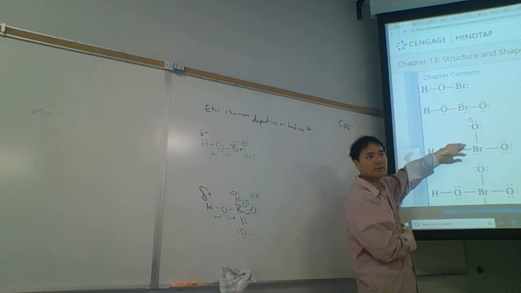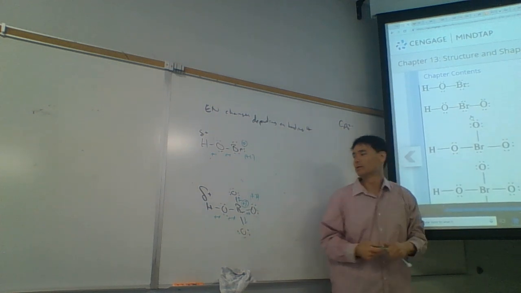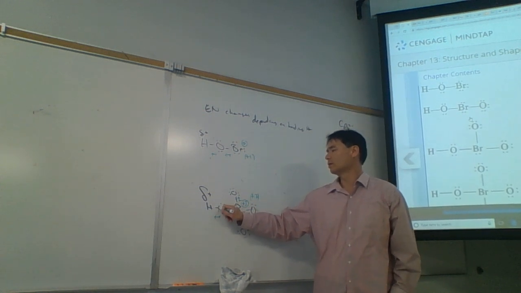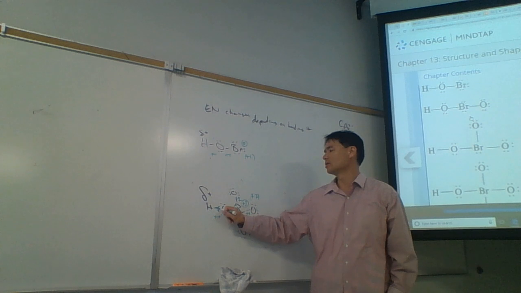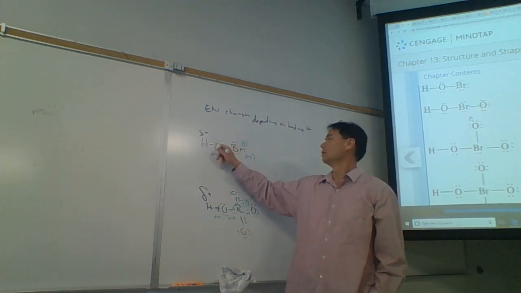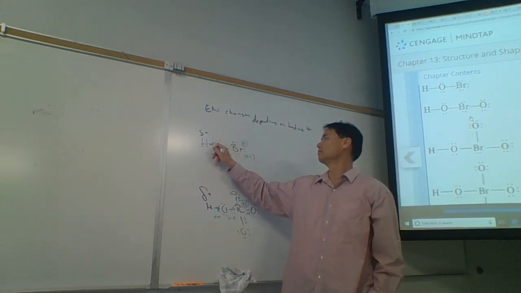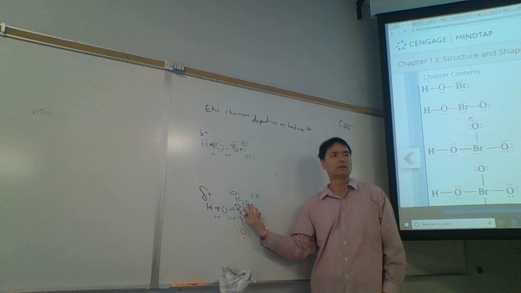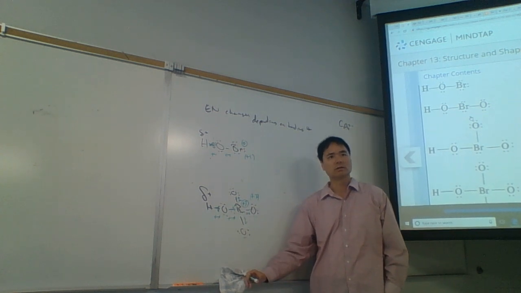Does that make sense? In other words, it's how the electron cloud is going to be distributed. The more the electron cloud gets sucked away from hydrogen, the more acidic it becomes. And the way the electron cloud gets sucked away depends on how the electron cloud's distributed in the rest of the structure. It's going to show us.